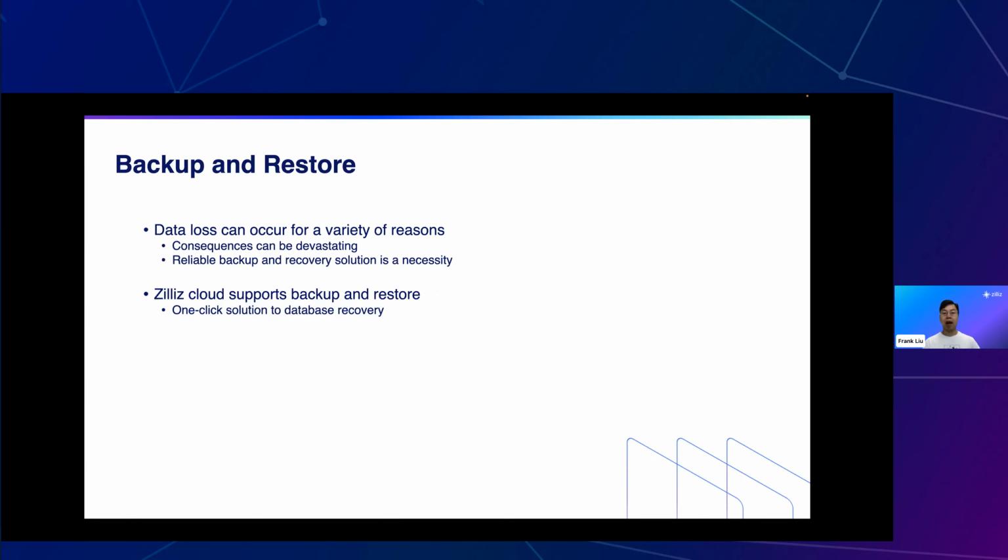Having a reliable backup and recovery solution is very important to us. Being able to recover data that is accidentally lost is something that you can do very easily with Zilliz Cloud. It's a one-click solution to recover your indexes, to recover your vector databases, and to continue building and perfecting your application so you don't have to worry about that.